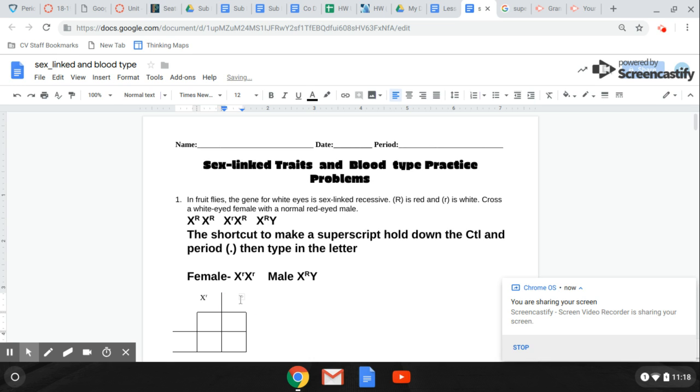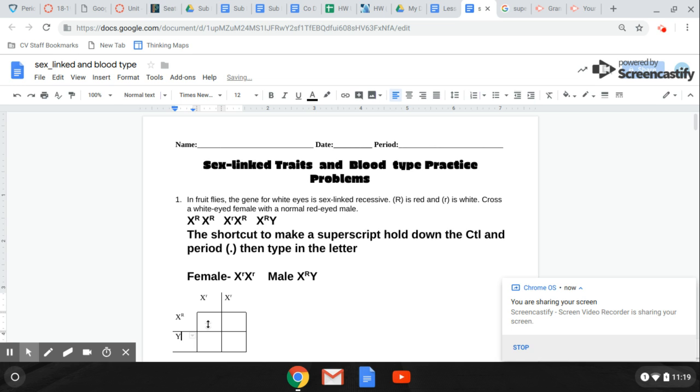And then I'm going to do the same thing, Shift X, and Control period and a little r. Then for my male, I'm going to write capital X, Shift X, and then Control period, capital R. And I'm going to make sure that looks okay. And then I'm going to do the same thing for my Y.